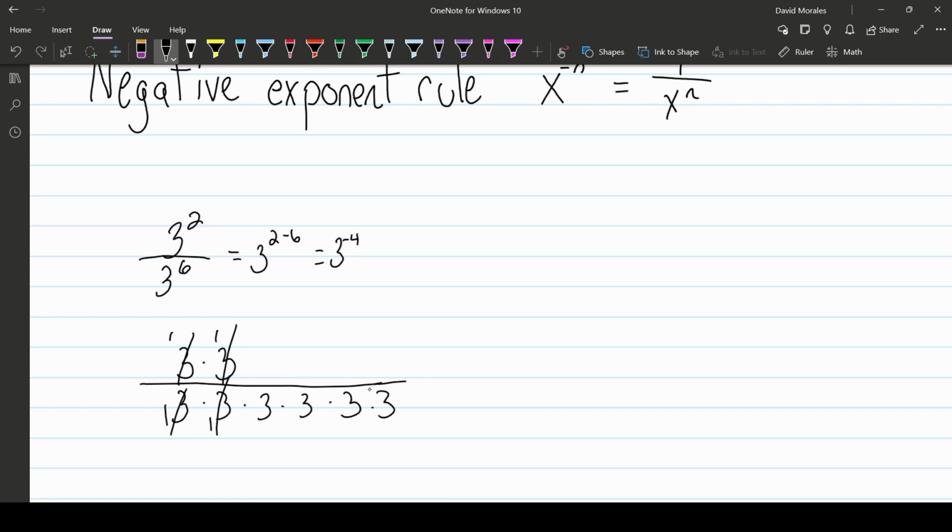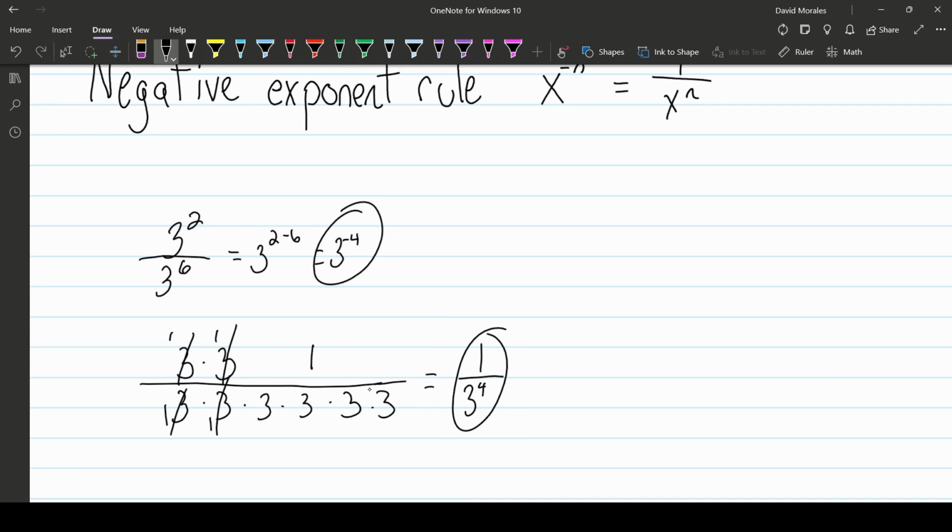How many 3s do I have in the bottom? I have 1 just left on top. I have 4 3s on the bottom. 4 3s on the bottom multiplying each other is the same as 3 to the 4. So do you notice that 3 to the negative 4 is the same as 1 over 3 to the 4? So that's where the negative exponent rule was born.